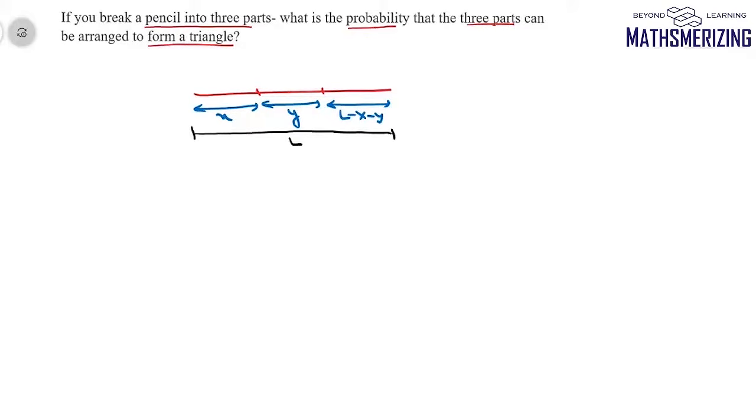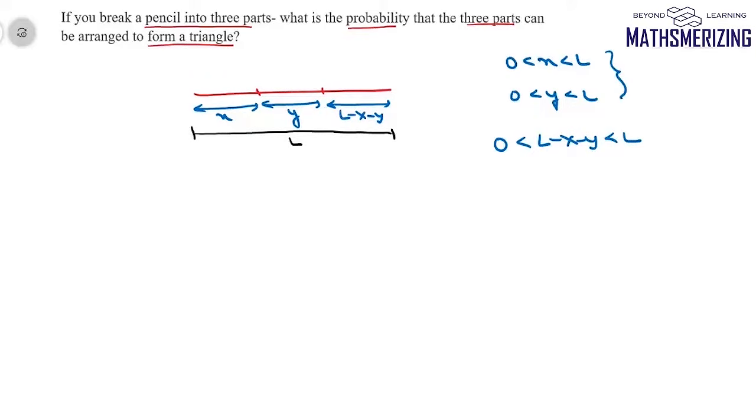Now first we'll find the uniform sample space for this given condition. So we know that this X should be greater than 0 but less than L. In the same way, Y also should be greater than 0 but less than L. And for the third one, 0 is less than L minus X minus Y, and it should be less than L. Now here we know that X and Y are both positive.